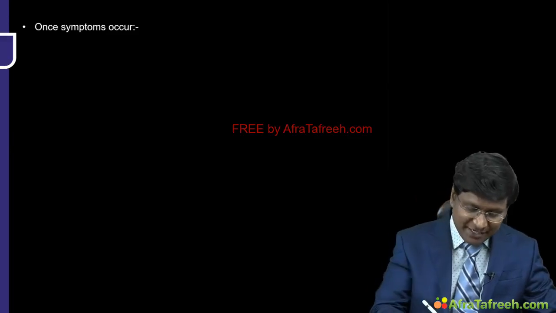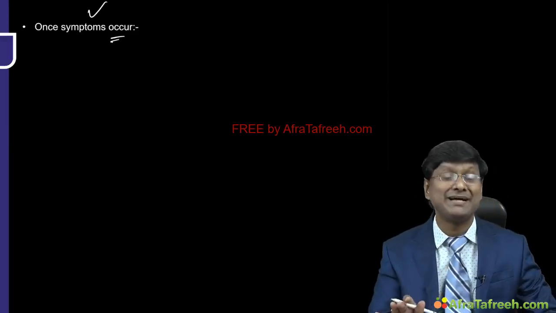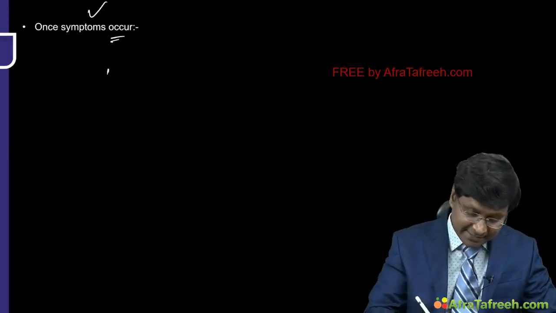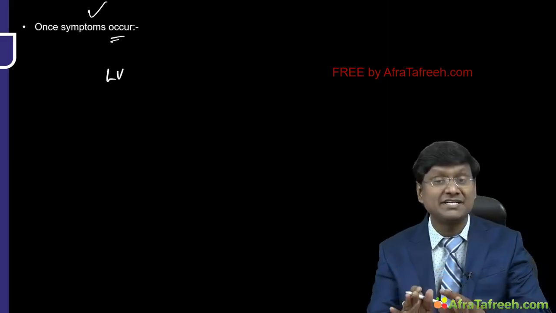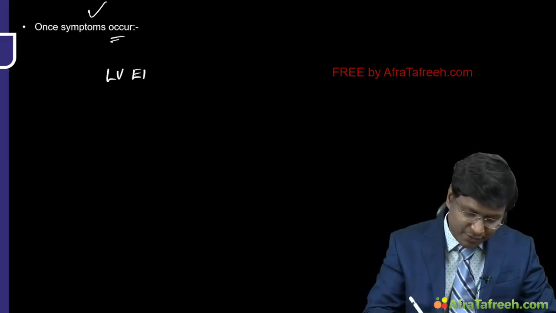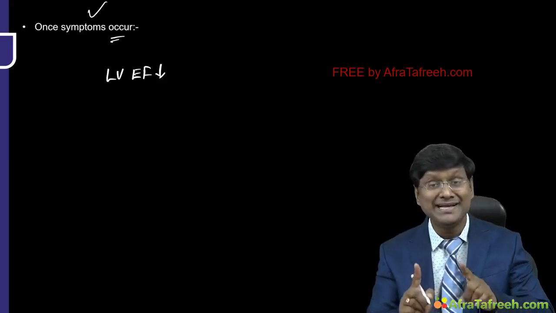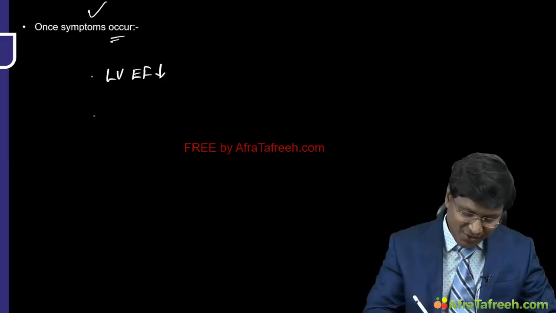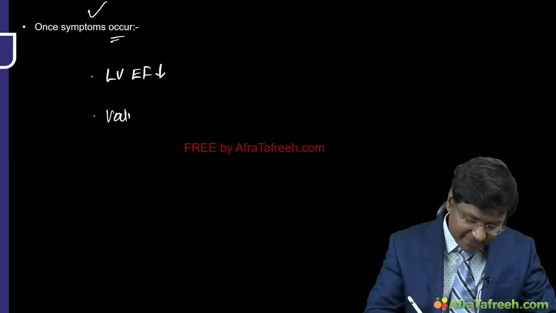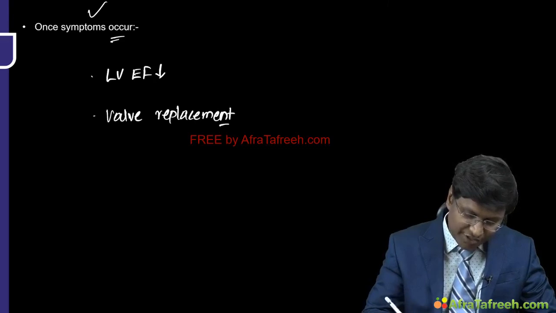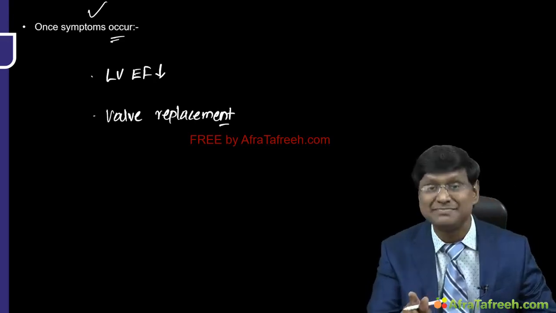Once these patients become symptomatic, remember, the LV ejection fraction reduces. These are the candidates who require valve replacement or valve repair. This is what you need to do once the individual becomes symptomatic.